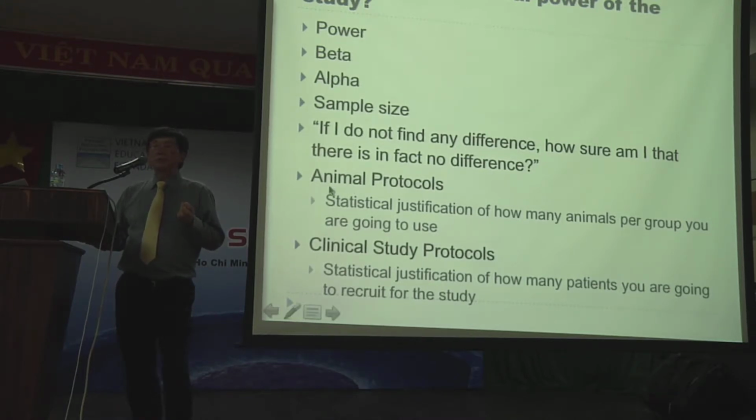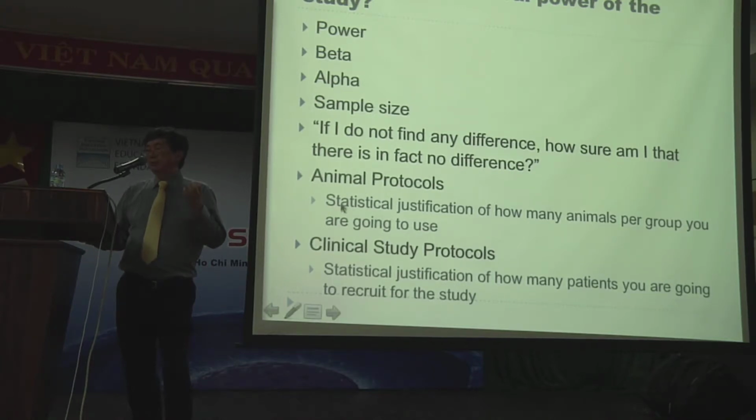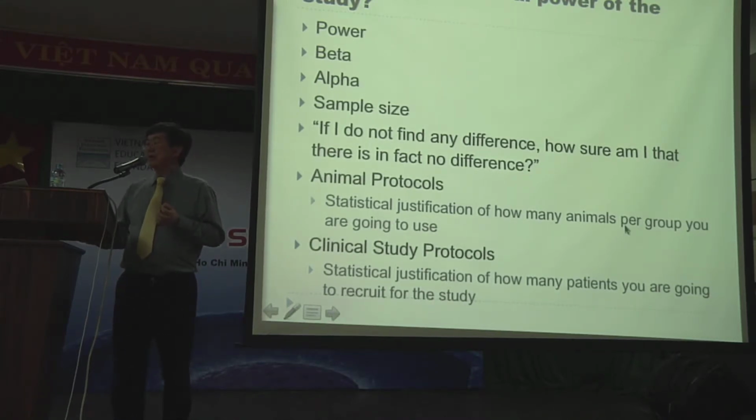For example, with animal protocols, to make sure you do not waste animals, you do not waste life, you need to know exactly how many animals you need ahead of time before you start the experiment. So when you write the animal protocols, they require you to provide a statistical justification of how many animals per group you're going to use.